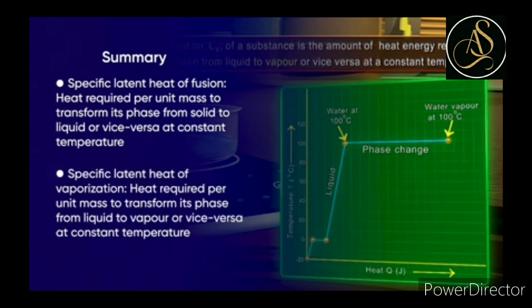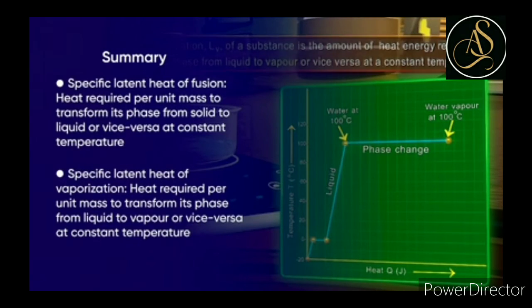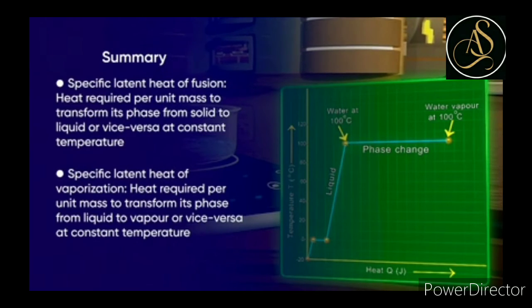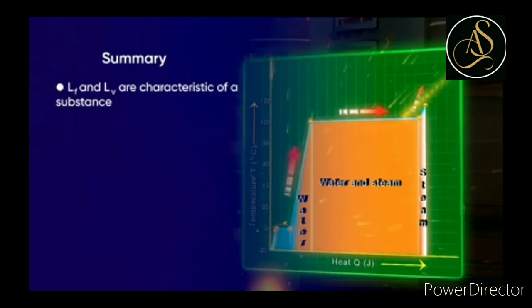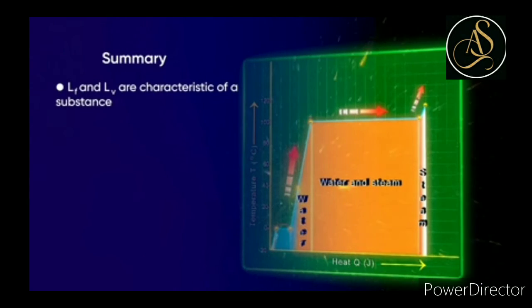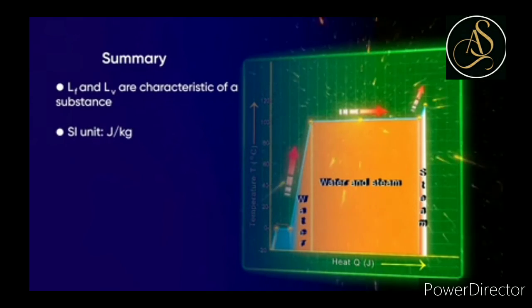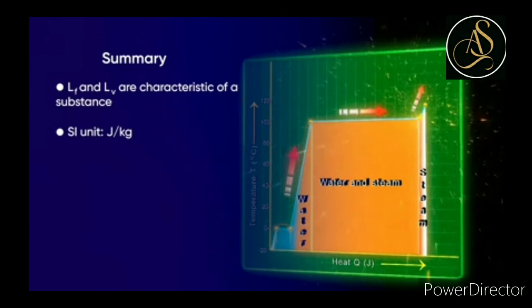Specific latent heat of vaporization of a substance is the amount of heat energy required per unit mass to transform its phase from liquid to vapor or vice versa at constant temperature. Values of LF and LV are characteristic of a substance and their SI unit is joules per kilogram.